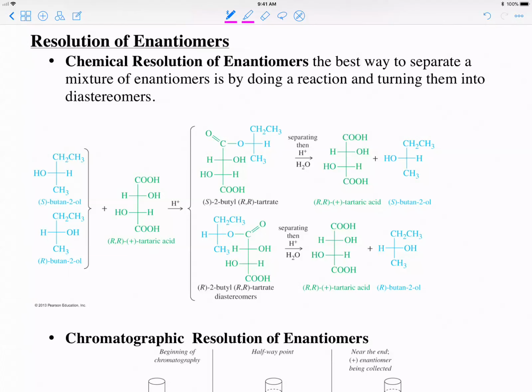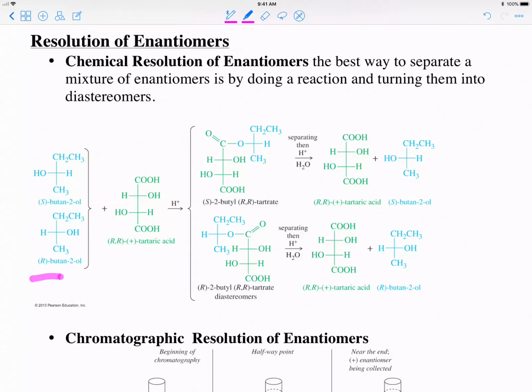Well, there are two general ways to separate out enantiomers. Since they have the same physical properties, I can't crystallize them apart, or separate them out by boiling points. But I can separate them out if I turn them into diastereomers, and that's what this section is about.